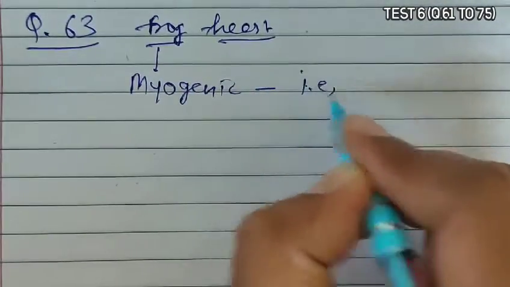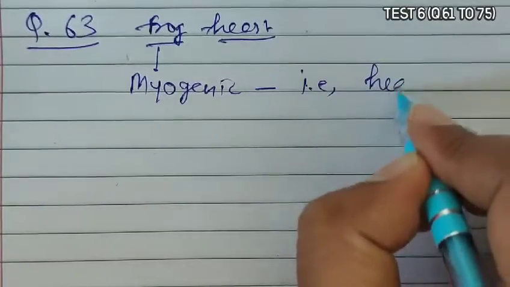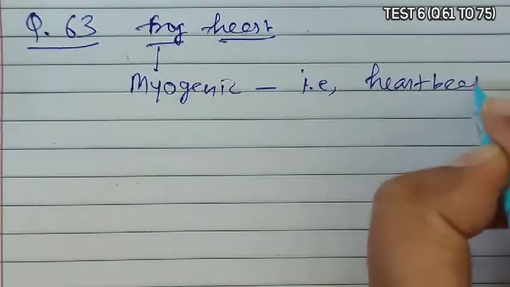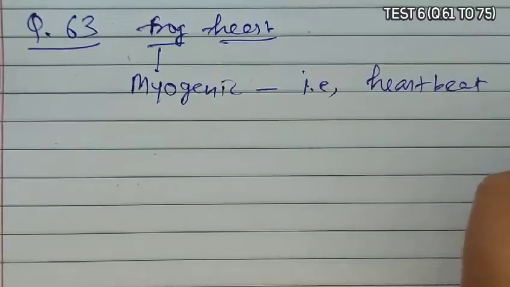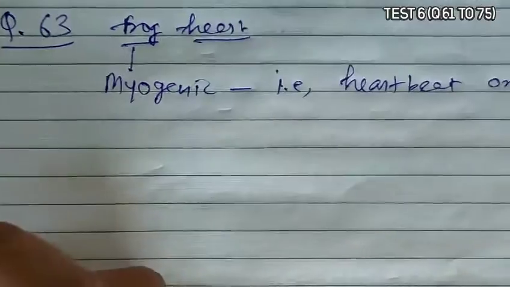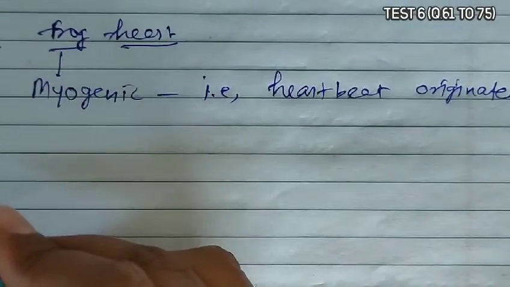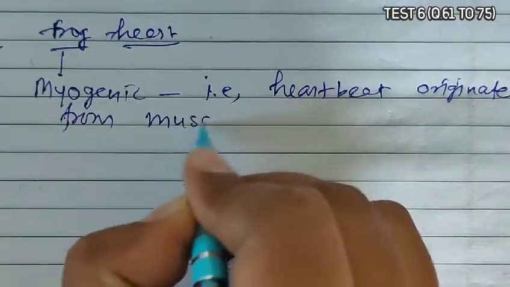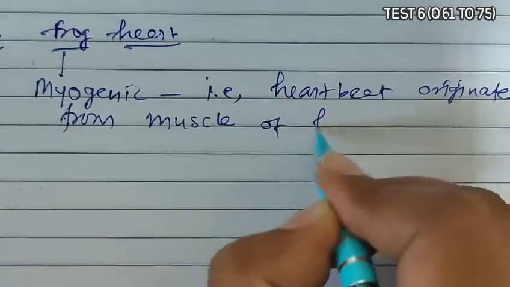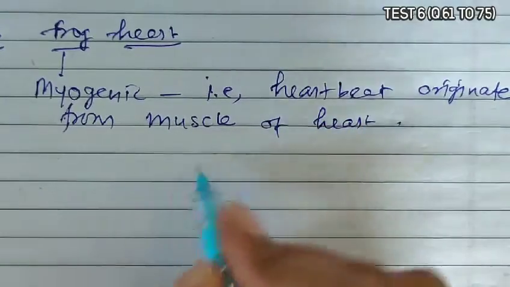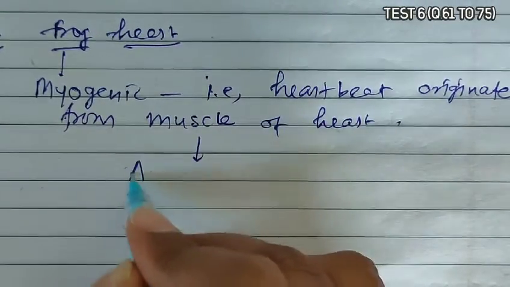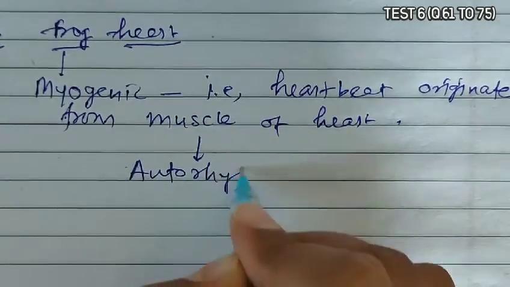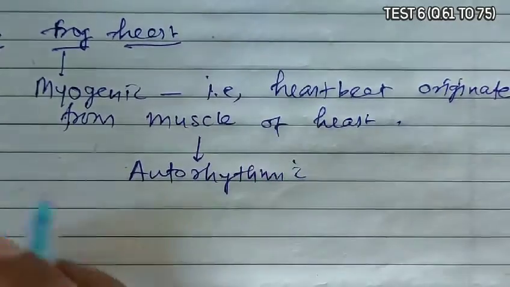Myogenic means the heartbeat originates from the muscle of the heart, hence it is autorhythmic.